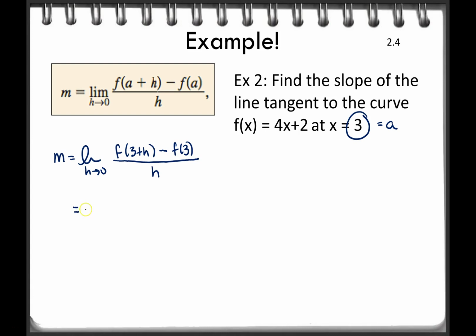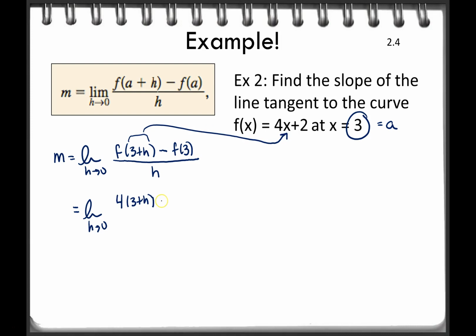So it's going to be equal to the limit as h approaches 0. I'm going to take 3 plus h and plug it in wherever I see an x. So this is going to be 4 times 3 plus h.